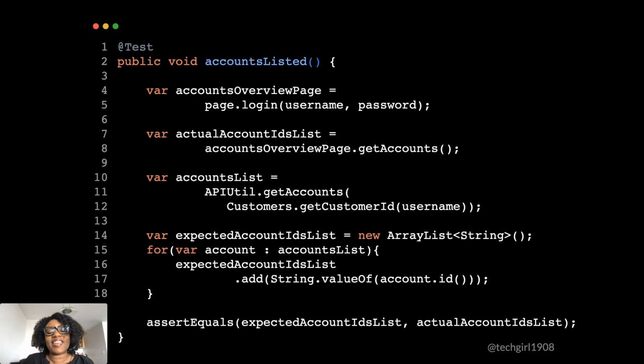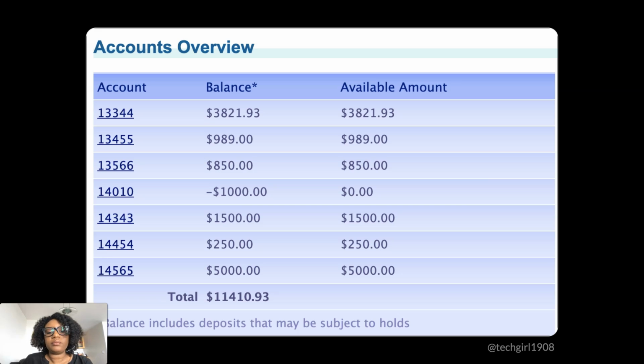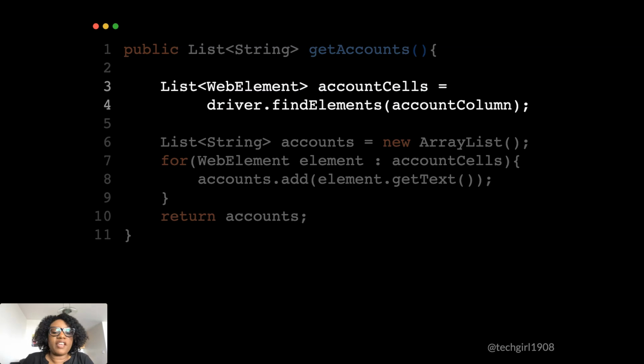Okay, let's see what else we can modernize. How about let's take a look inside of this getAccounts method. Remember, this is the table, and we're getting all of those values in the first column labeled accounts. And here's the code to do so. So we see here, it finds all of the account cells, and these are web elements.